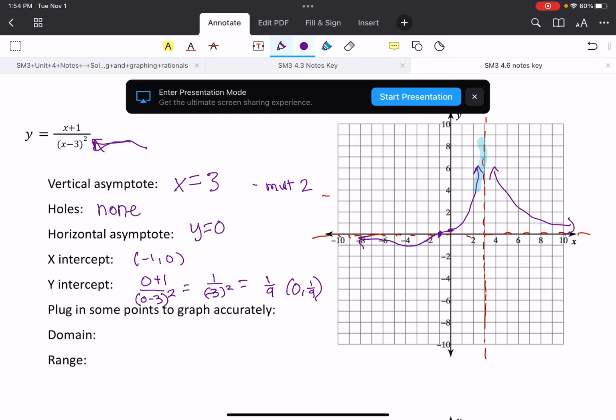Y equals. Okay, look. Do you see how this is our horizontal asymptote at 0?